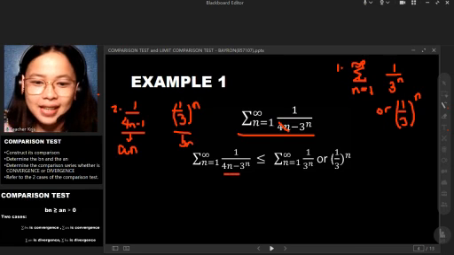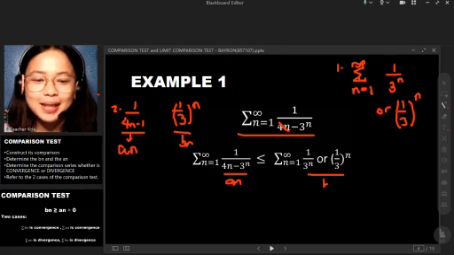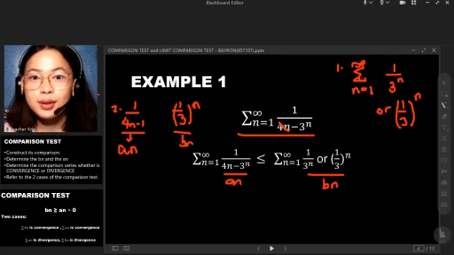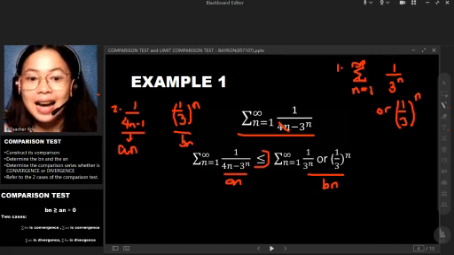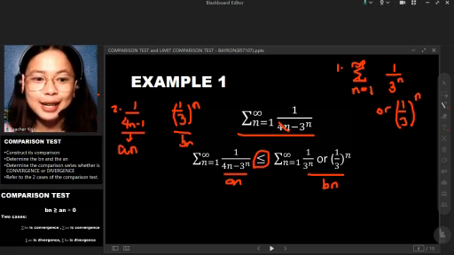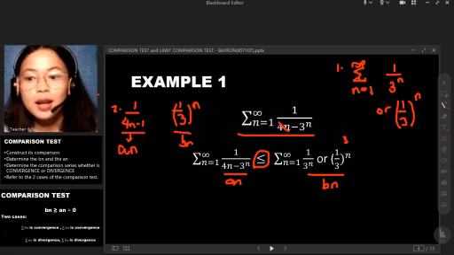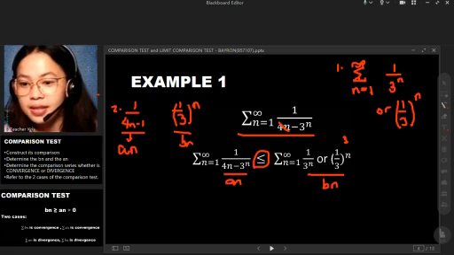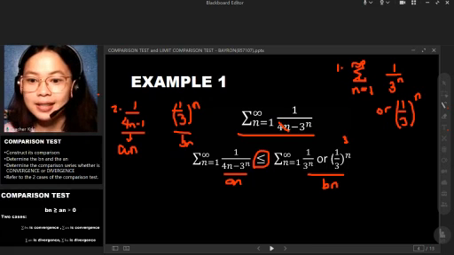So this is the small sequence and this is the big sequence. So take note that the big sequence is greater than or equal to our small sequence. Then the third step is to determine whether the comparison series is convergent or divergent.